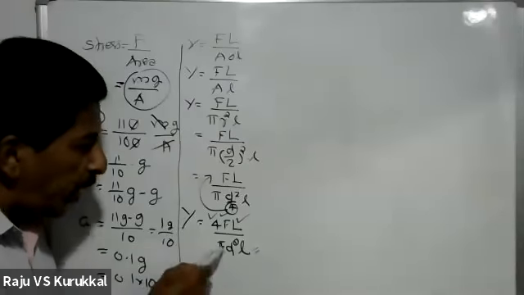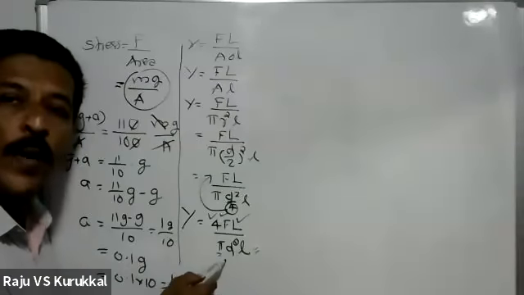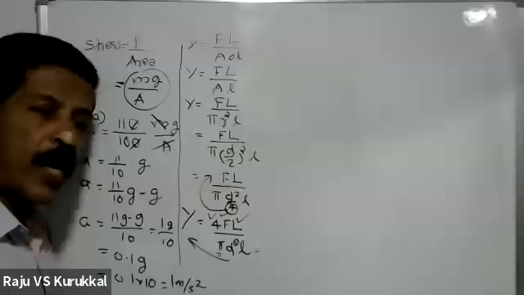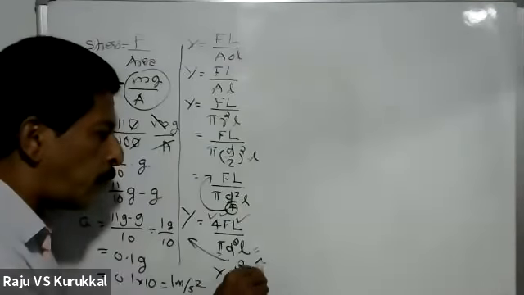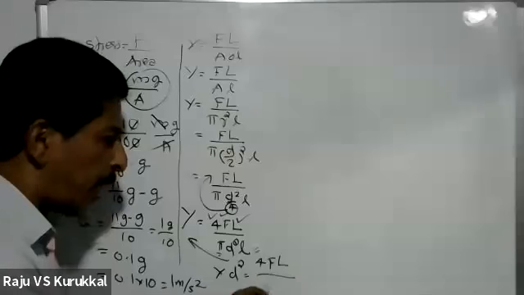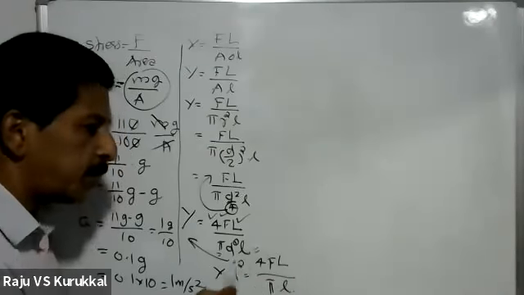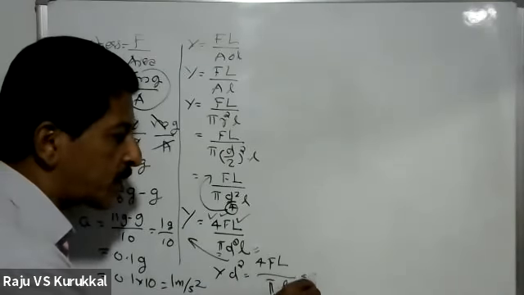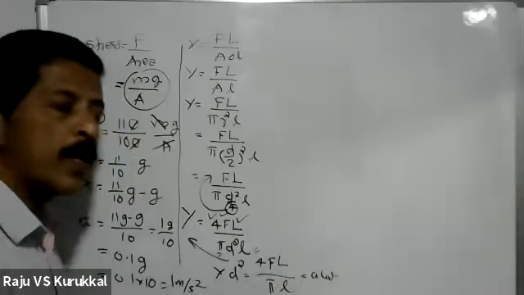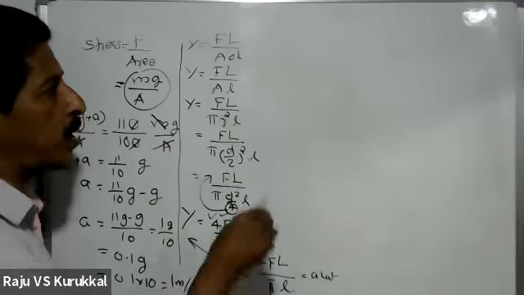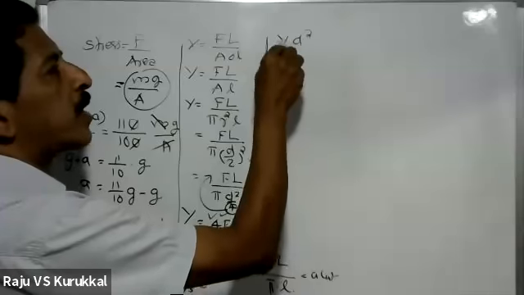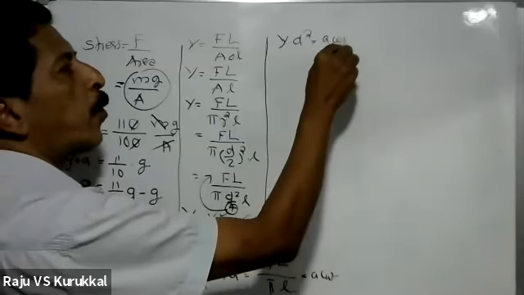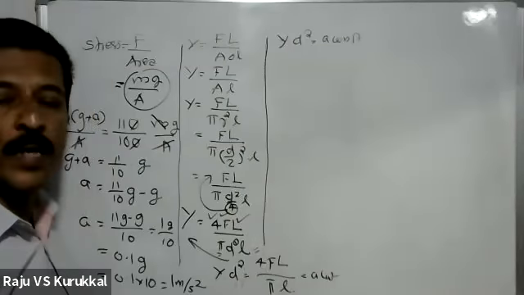Then we can take Y into d square; d square is left on that side. So Y into d square is equal to 4FL divided by pi into l. This is a constant. Y d square is a constant. Now write the next step: Y d square is a constant.